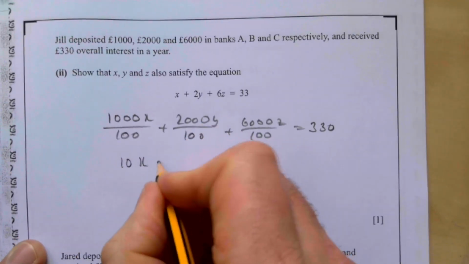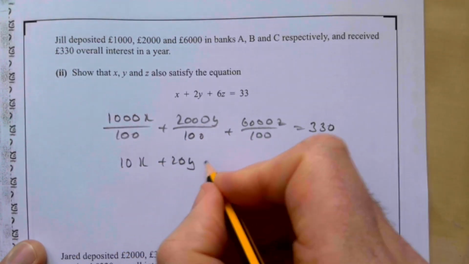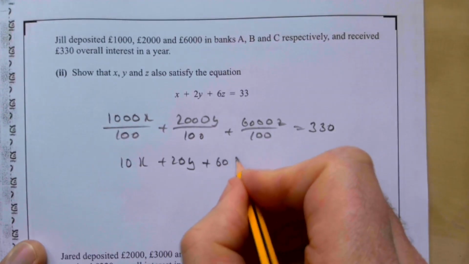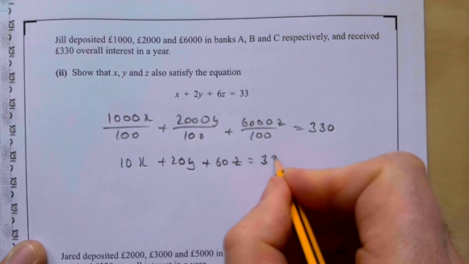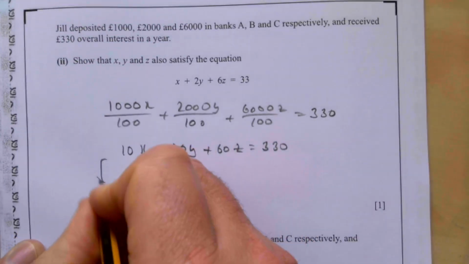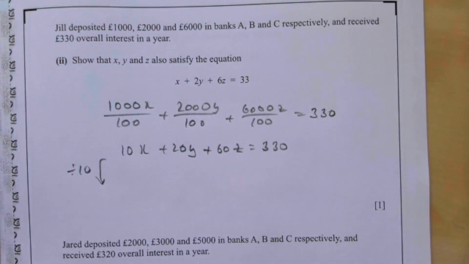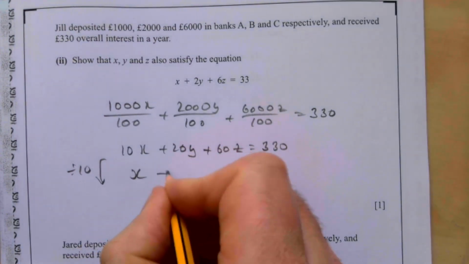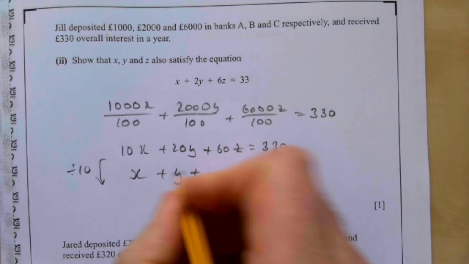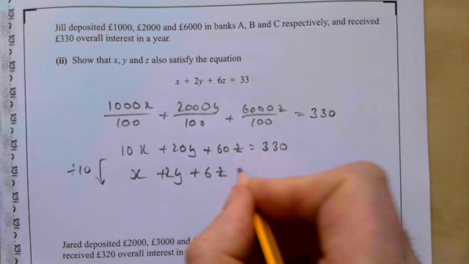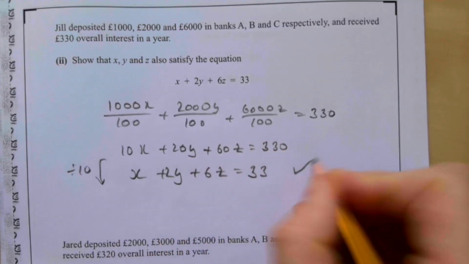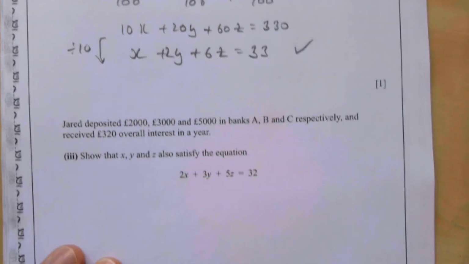Again it's 10x plus 20y plus 60z is 330, and of course this one divides by 10. So we get x plus 2y plus 6z is 33. So we're good for our second one.